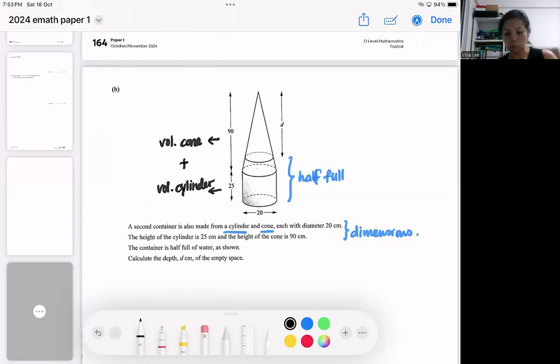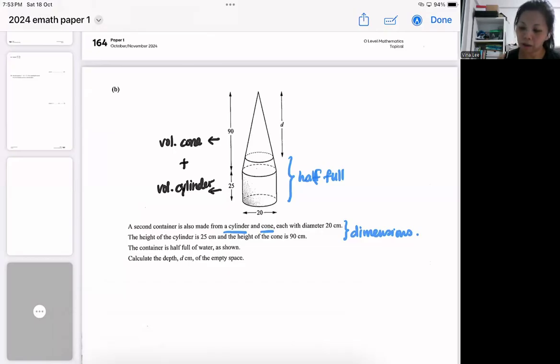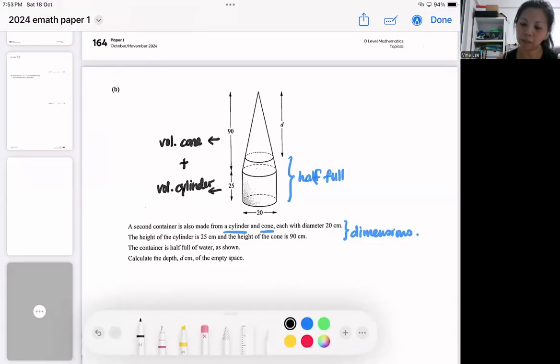After that, our job is to find the depth of the empty space. To do that, you need to use the idea of similar volume. Where is the similarity? It is here. You need to use the idea of similar volume.